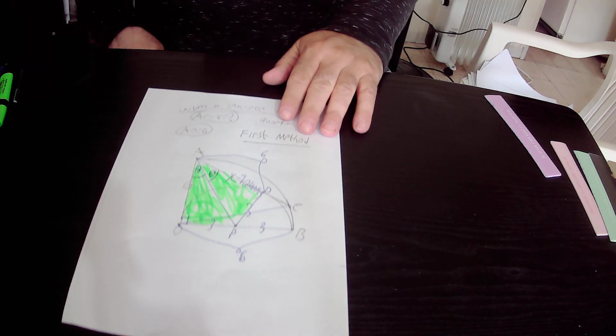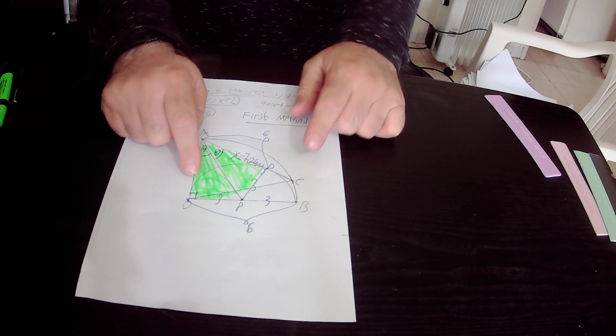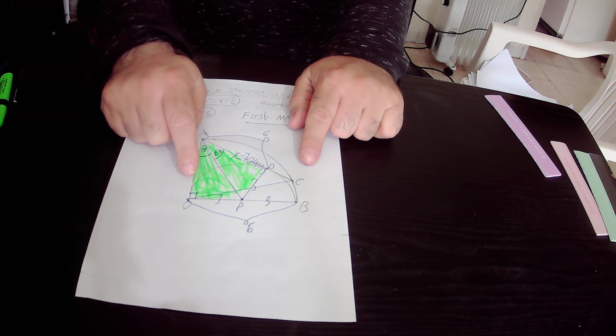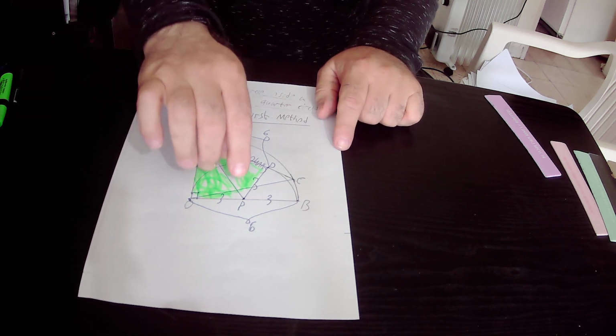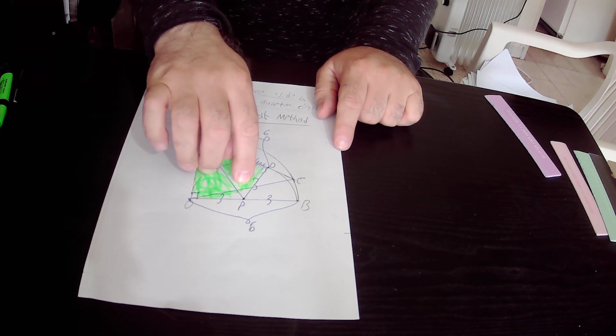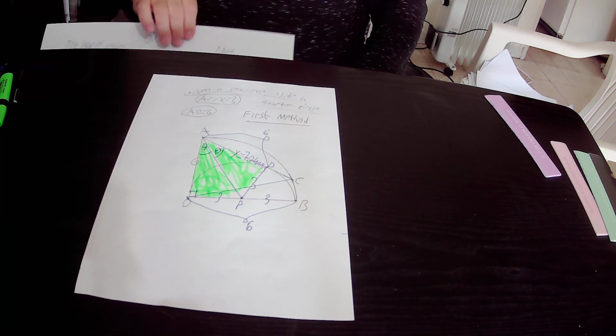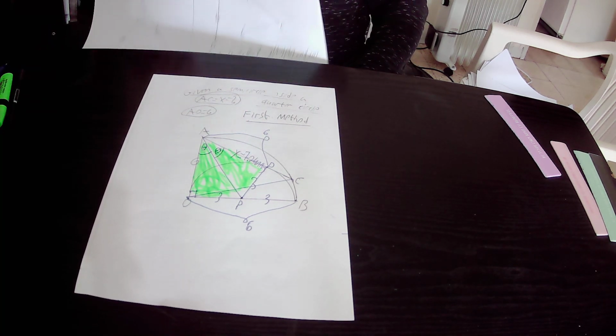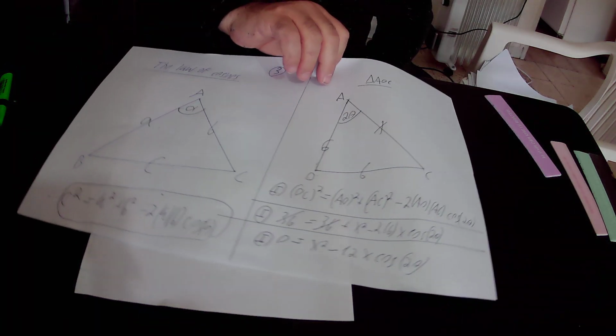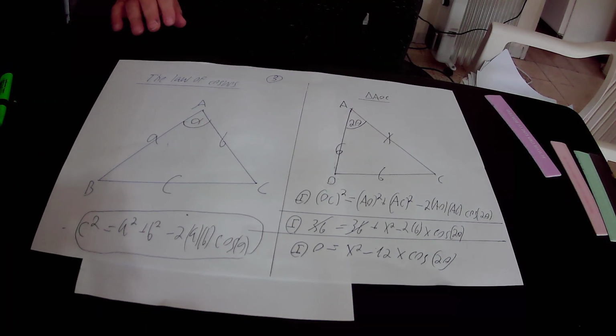Then we joined points O and C together by a straight line. So we created here triangle AOC. And we implemented the law of cosines in this triangle AOC. So I presented to you the law of cosines. The law of cosines is true in any triangle.